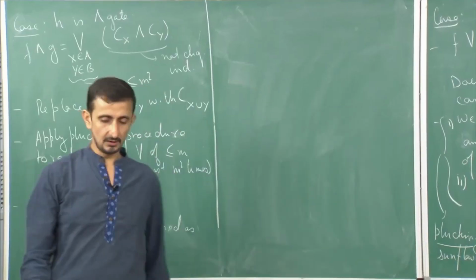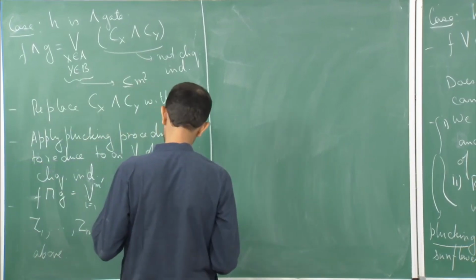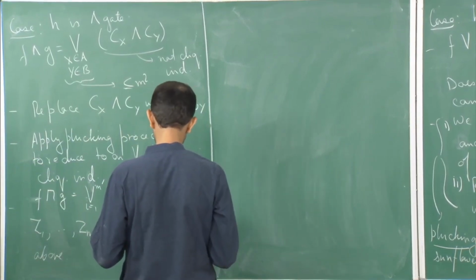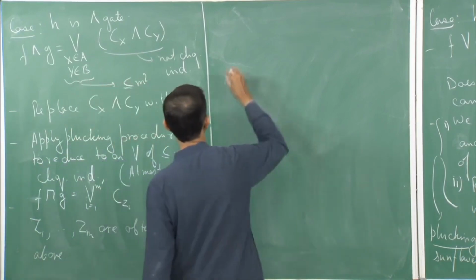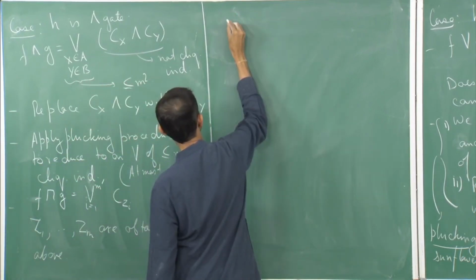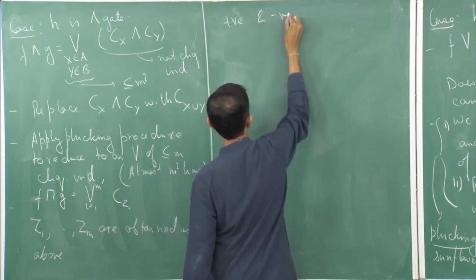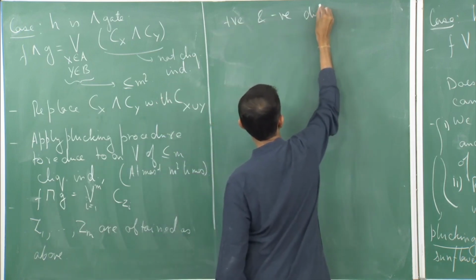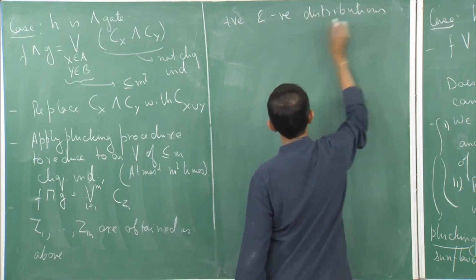So this is what is called, and this is quite easy. What is it called? Let's call it positive and negative distributions.